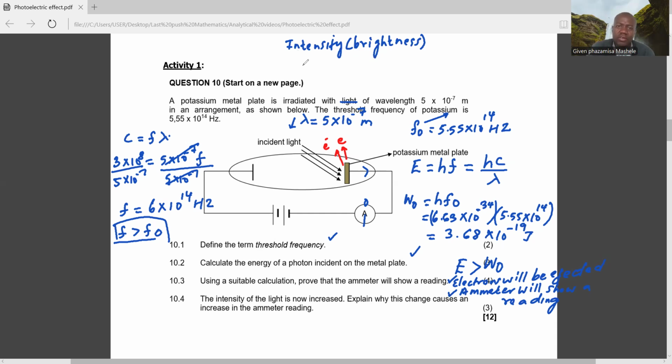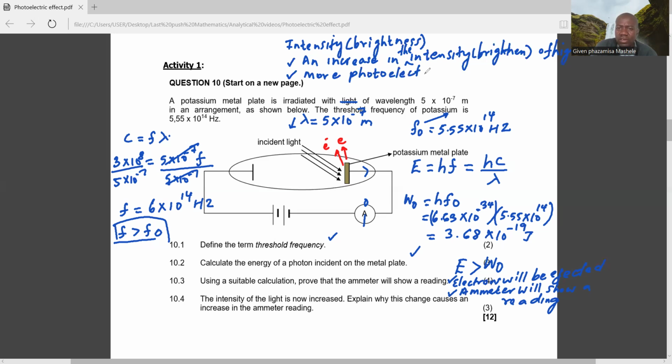Right, number one, you will say an increase in the intensity or the brightness of light means more photoelectrons per unit time.